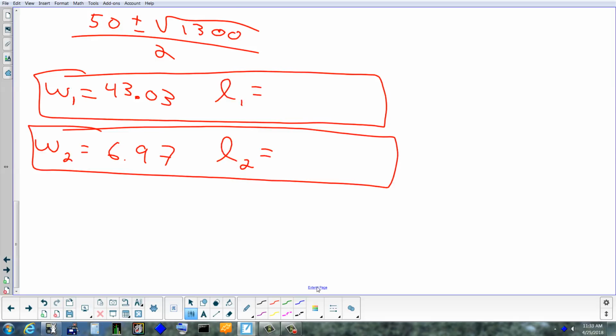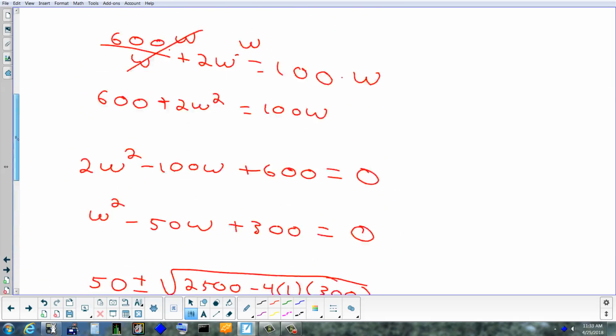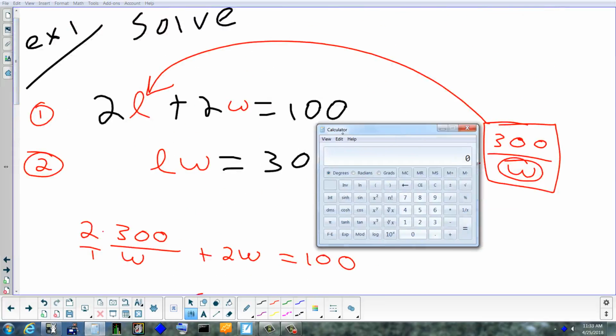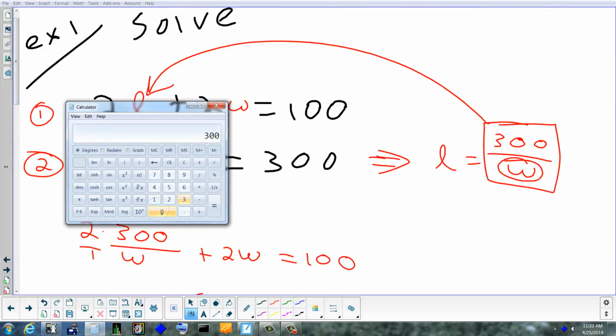Let's start with the 43.03. Let's go back up. If I have a width of 43.03, how can I get the length? Yeah, you can plug it into the original equation over here and then divide. So take 300 and divide by 43.03, and that gives you the length.